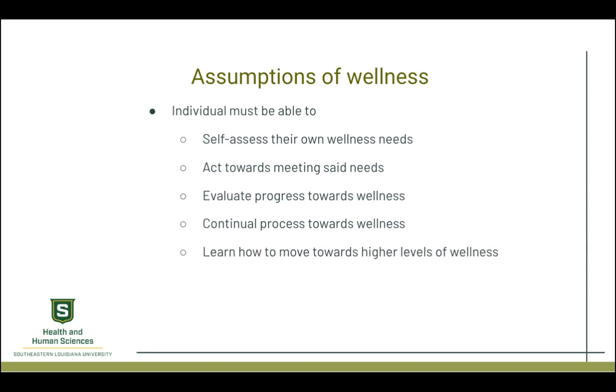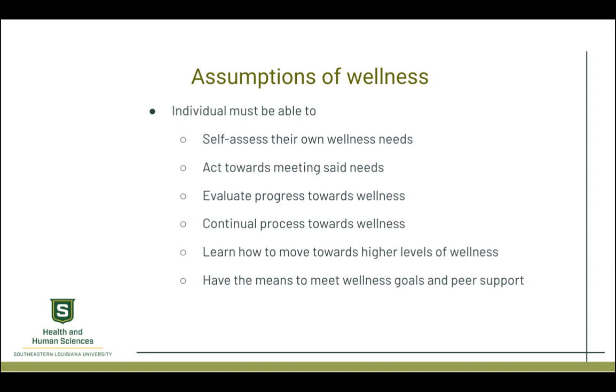It's also learning how to move from a lower level of wellness into a higher level of wellness when you have identified maybe a deficiency that you may have in a dimension of wellness. And also having the means to meet wellness goals.